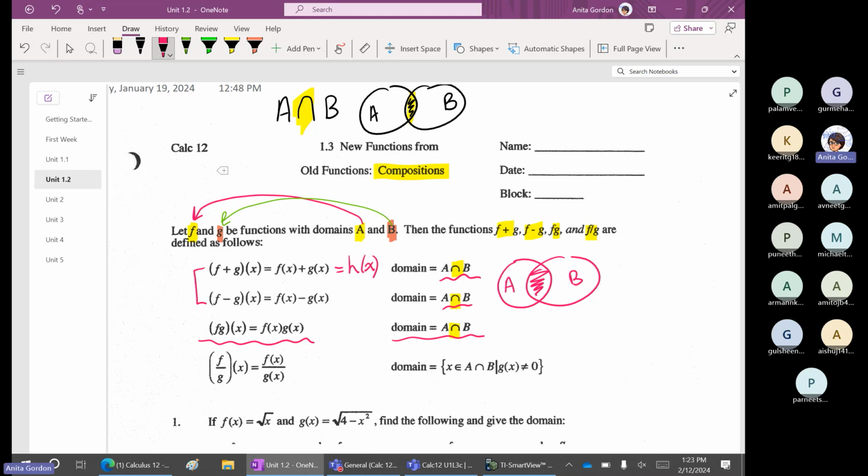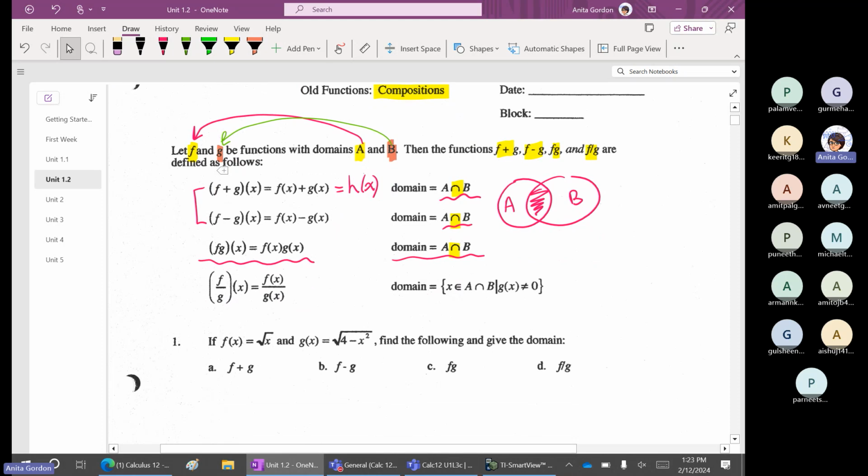Gets a little bit trickier when we divide, but hopefully not so tricky that we can't remember. The only additional restriction we have in the domain of h is that we want the intersection except anywhere where g is 0, because in this case g represents the denominator, and if we have a value that makes g 0, then we're dividing by 0, and then it's just boo boo boo.